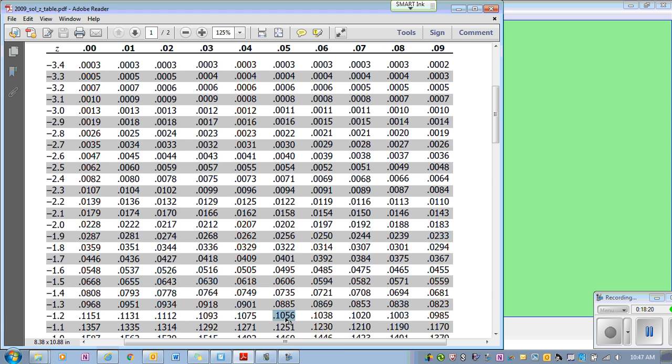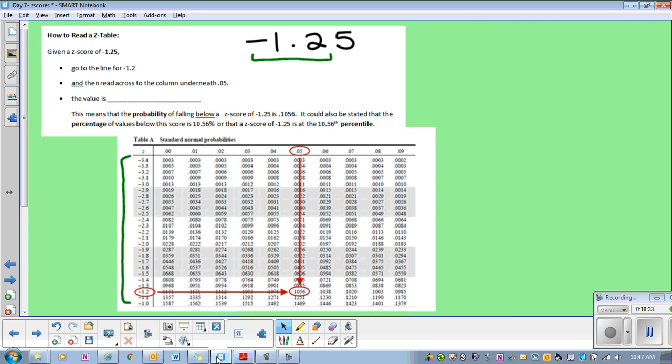All right, so look, negative 1.25. You see that? So it's 0.1056. That is your probability. Okay, this is your probability.